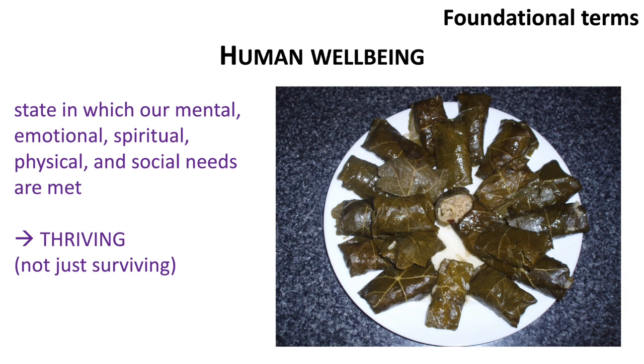What this means for each of us is shaped by many factors and varies by individual, culture, time period, etc. Our relationship with plants has much to do with our well-being, including our ability to access healthy foods with a connection to our heritage. Here, I've included a photo of stuffed grape leaves, or as my grandmother called them, yaprakis, which are an important food for my family and important to many aspects of our well-being.